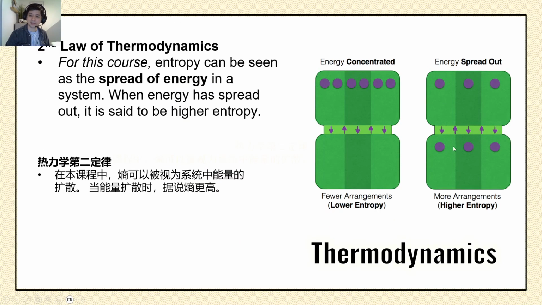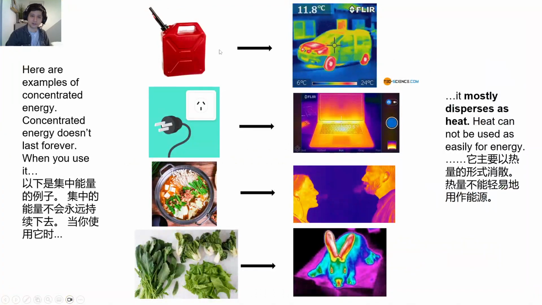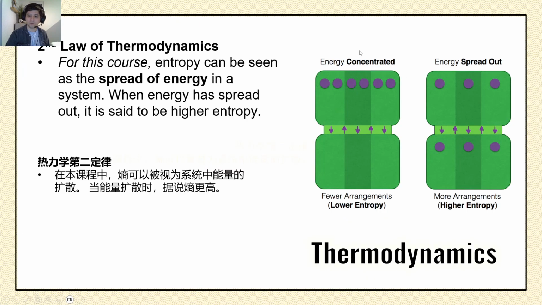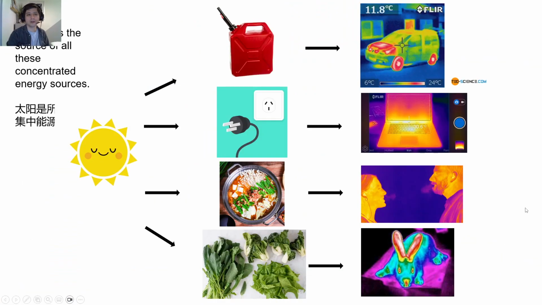This on the right is the same as this picture on the right. Okay? This on the left, where it's more concentrated, is more like these on the left. So as we move from the left to the right, we move from more concentrated to more spread out. From low entropy to high entropy. Okay?